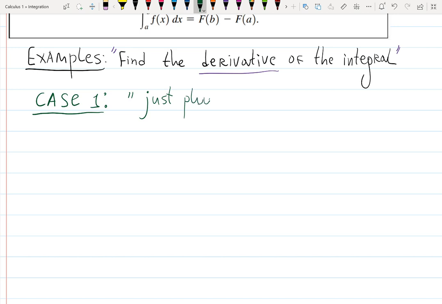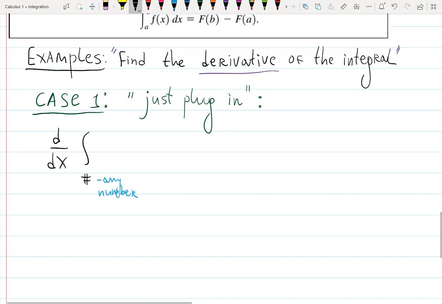Just plug in. So the idea is, when differentiating the integral, I will ask you to find d over dx of the integral from any kind of number, that's my notation for any number, 5, 10, 13, minus pi, doesn't matter, to x, where x is my upper limit of integration, a variable, of t squared plus 5t dt.